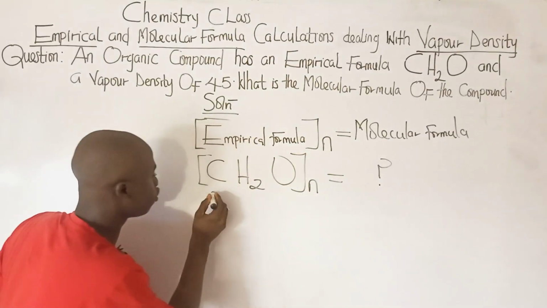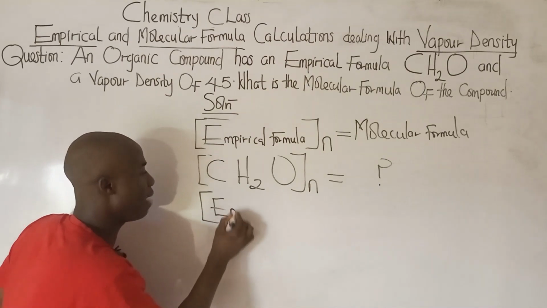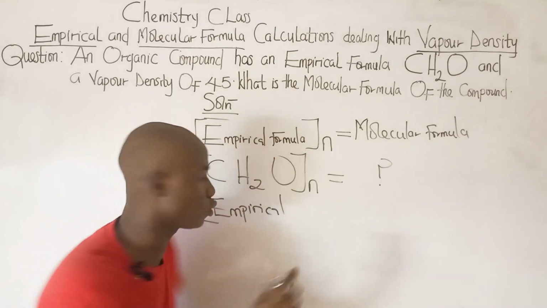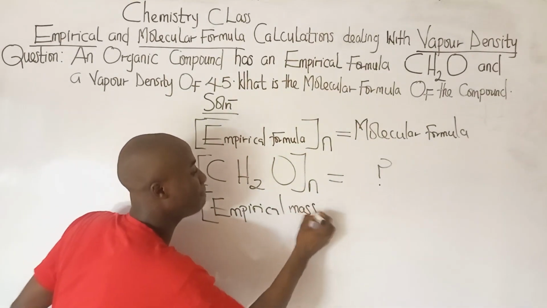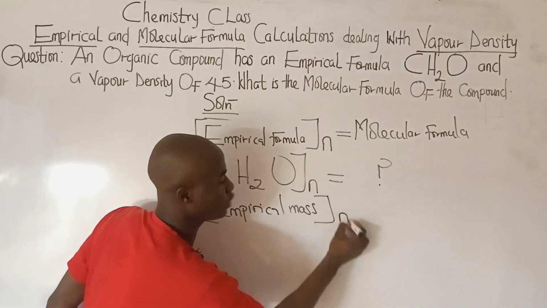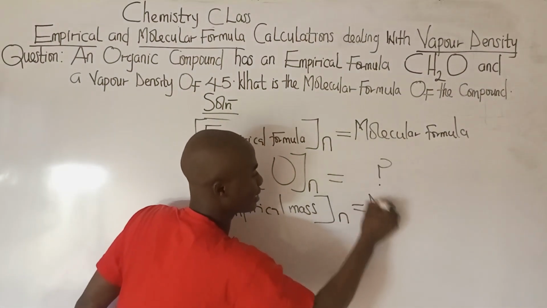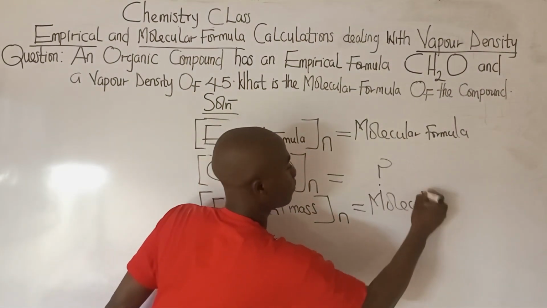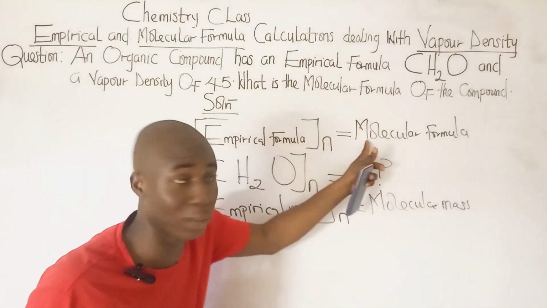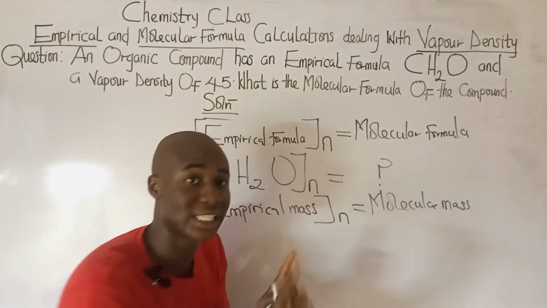You simply write empirical mass in a bracket, close the bracket, and still write your N here. Then you write molecular mass. Though we are trying to get the molecular formula, we have to know their respective masses.